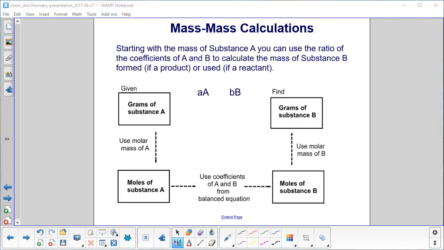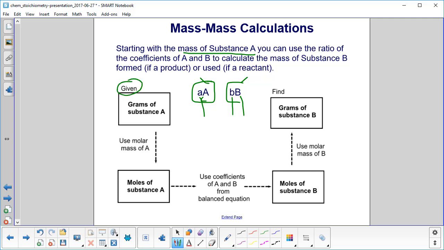Charts are cool. Let's say we start with the mass of substance A. We can use the ratio of the coefficients of A and B. So see here, that's mass A, and little a is the coefficient, the number in front of it. That's the reactant here, and in the product, little b is the coefficient, and capital B is what the substance is. We start over here.